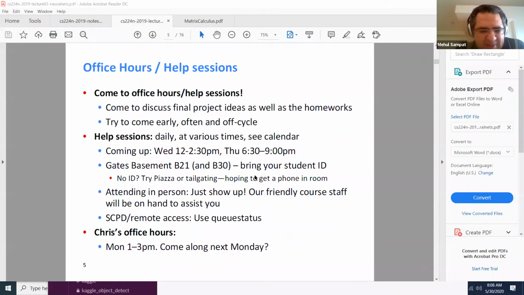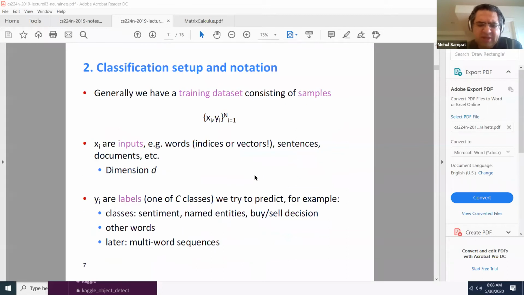Okay, so for the general classification setup, that's the first item for us. Generally we have a training data set consisting of samples where x_i are your inputs, and these are labeled data sets, so you have the labels y_i, which can be one of many classes.